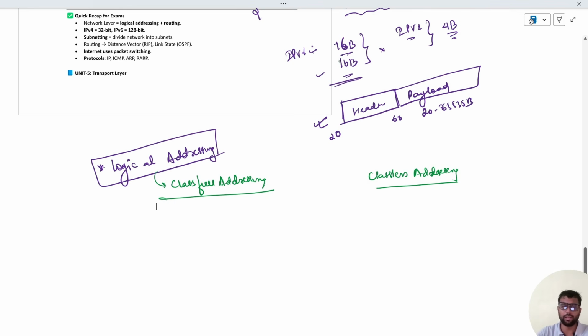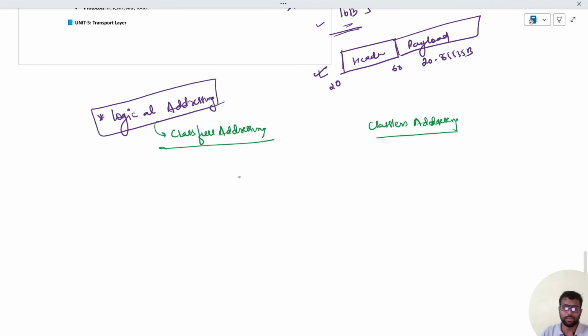So when we talk about the classful addressing, see, we know that the address is how much length? 4 byte. That means 4 byte means 32 bits. So 32 bits can be like 100100001. This is 1 byte, I mean. Then it can be 111100001. Let me form this.